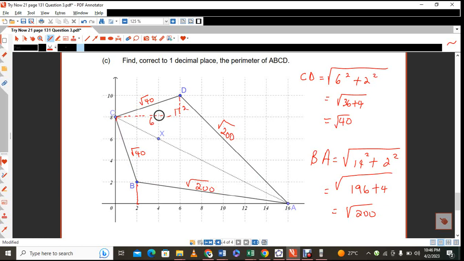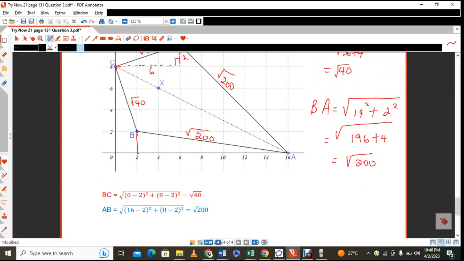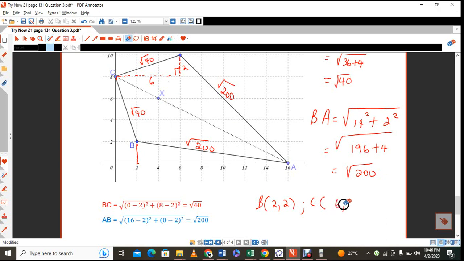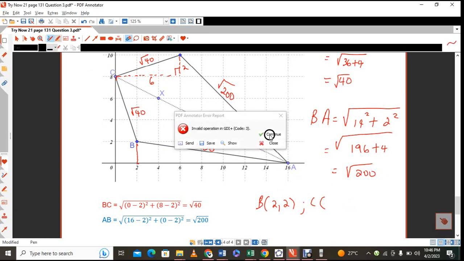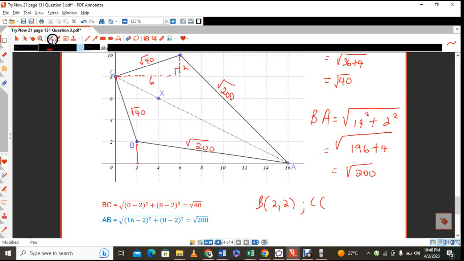So I worked from the diagram there, but if you don't have the diagram, then you have to find BC, which I showed you. Now you need to know what points B and C are. Our point B was the point (2, 2), and point C is the point (0, 8), there on the y-intercept.